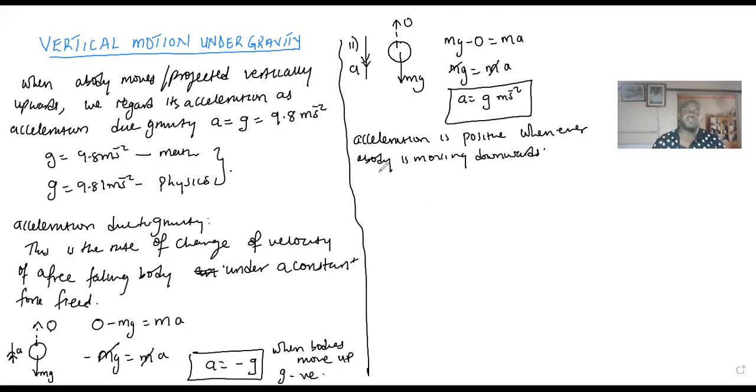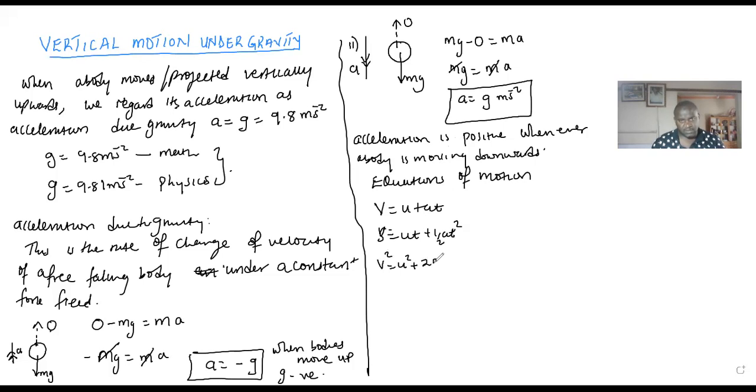So, with that regard, the equations of motion: you have v is equal to u plus at, s is equal to ut plus a half at squared, v squared is equal to u squared plus 2as.